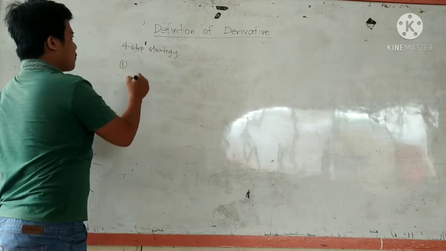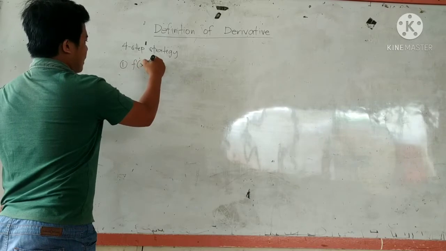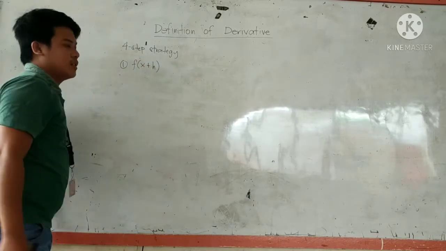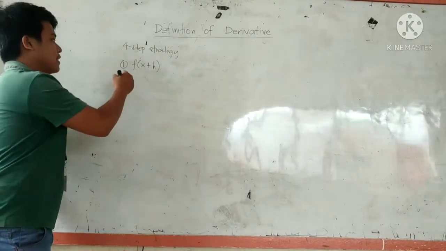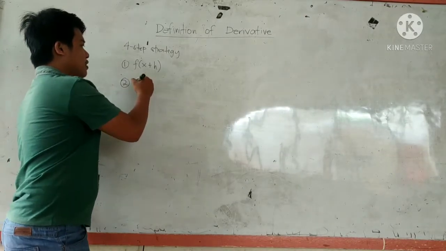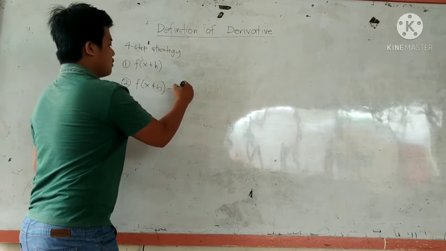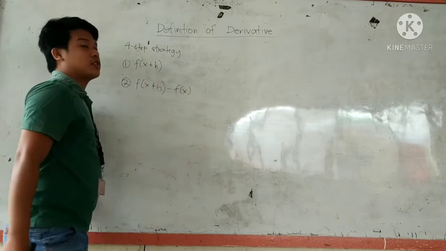So first step, we are going to evaluate f of x plus h. And then the second step is we are going to subtract our f of x plus h with our original function.